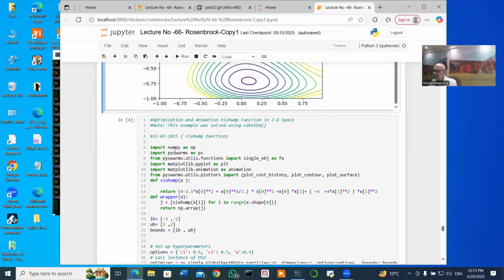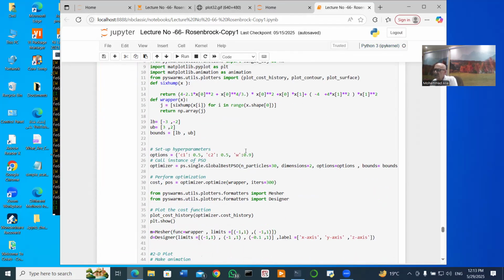So at first, as you see, we define all the required libraries. We call the functions from PySwarms, which may be necessary for us, like plot cost history, so that we see the error and how the error minimizes to the value of 1.03 in minus. And also we need to plot contour in two-dimensional space. And if we want, also we need to plot surface in three-dimensional space.